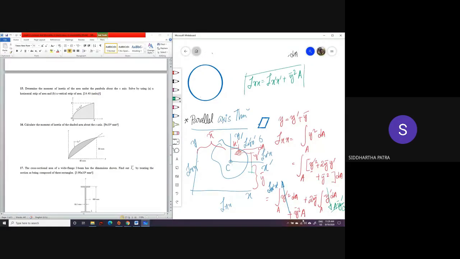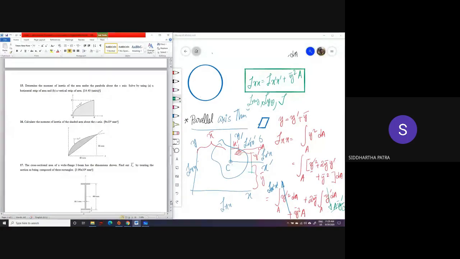This is the final expression for the parallel axis theorem, and this is also a universal expression in terms of area moment of inertia, mass moment of inertia, and even the product moment of inertia, and the polar moment of inertia. I'm not going to derive the rest of the four. You can do it on your own.